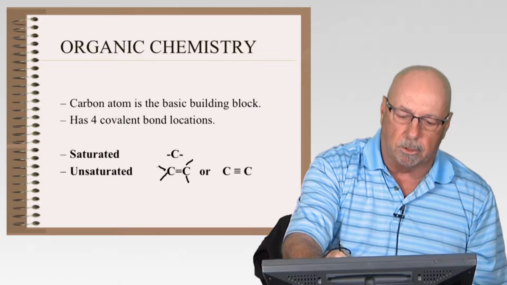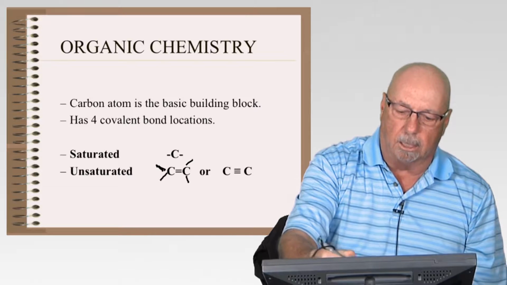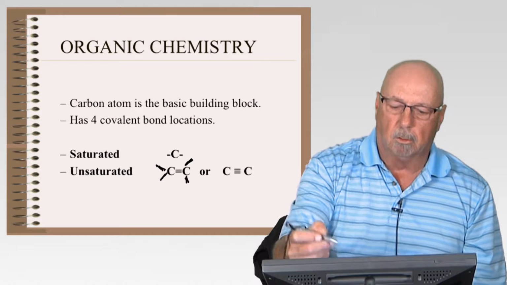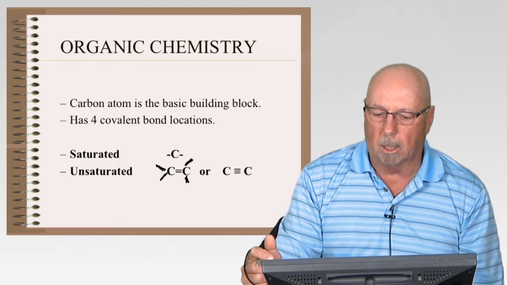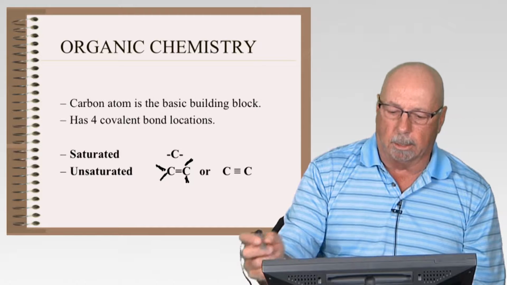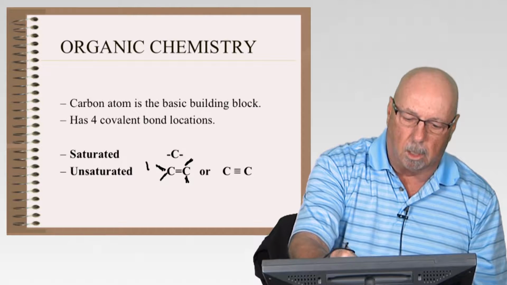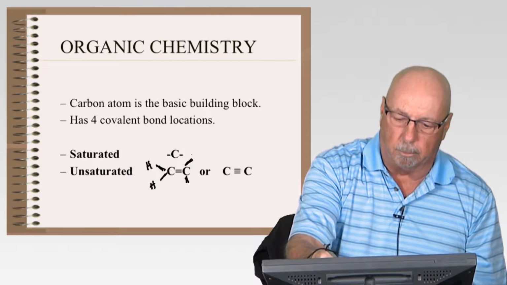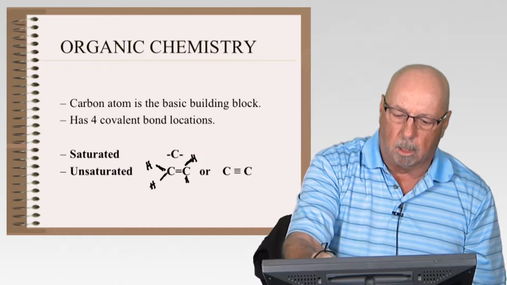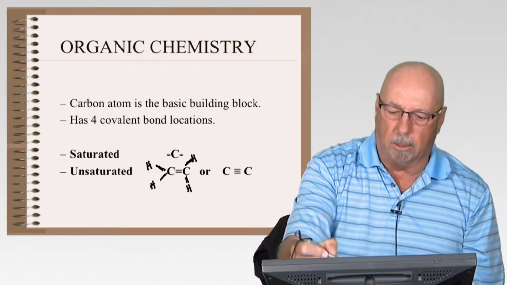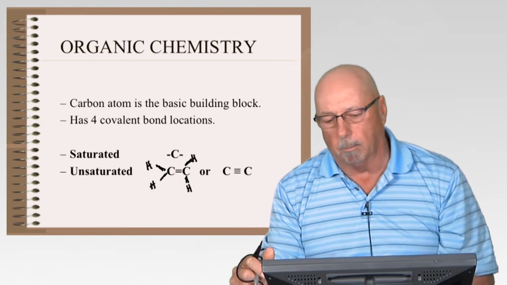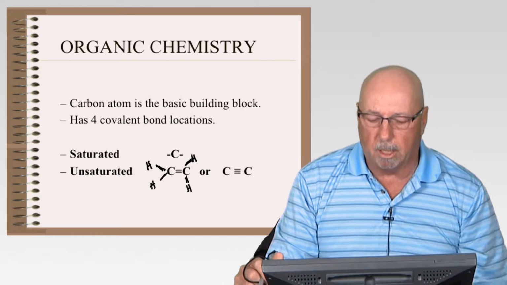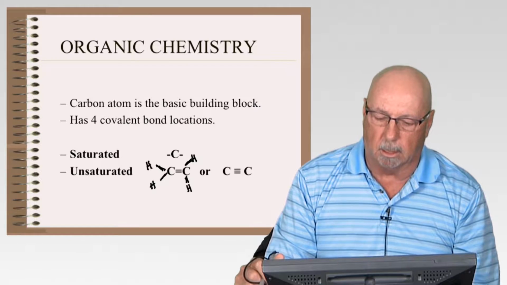So we have a location here of adding 2 more elements to this structure to make it stable. Again, if we put hydrogen at each one of those bond locations, that would be the simplest form of this structure. And this would be a molecular structure for ethene, E-N-E, at the ending of it.